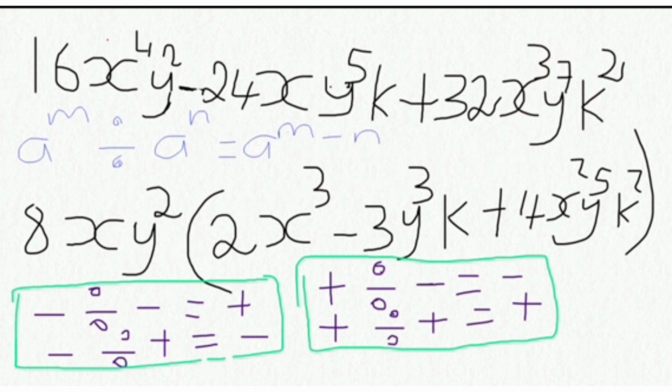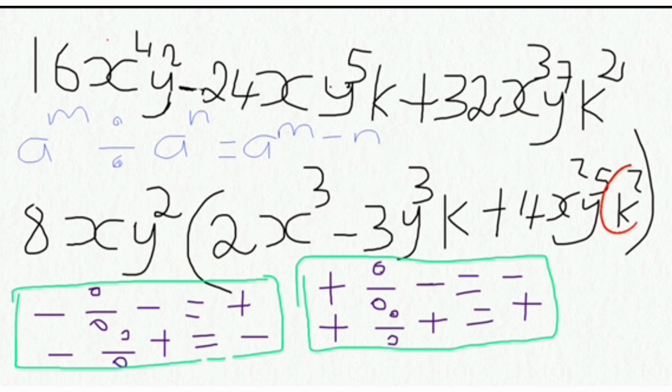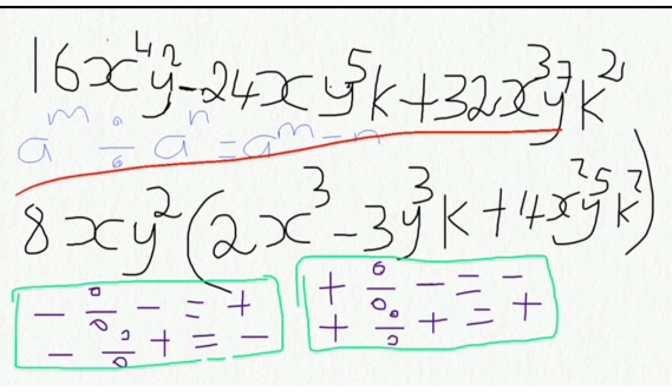And then we move to this k. Again, let's assume there's k to power 0 here, because k to power 0 is just 1. Now k squared divided by k to power 0. The bases are the same. K to power 2 minus 0 is just equal to k squared. K squared is here. Now we have done.